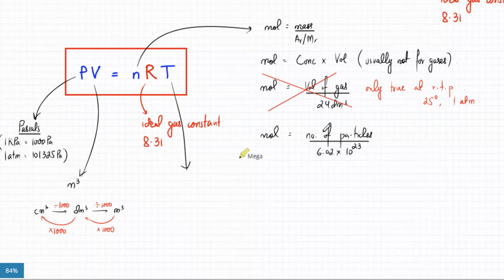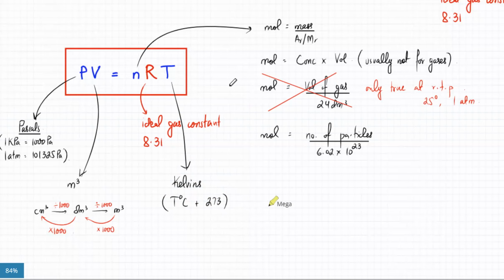And the very last thing is temperature. The temperature has to be in Kelvins always. Be very careful with this. If it's given in centigrade, make sure you add 273 to it so that the temperature changes into Kelvins. So I'm just going to go over this again.